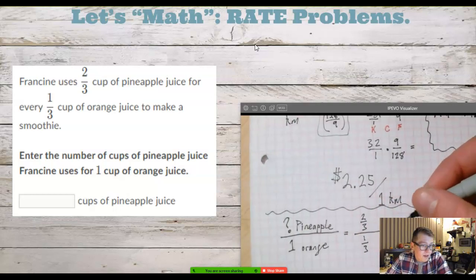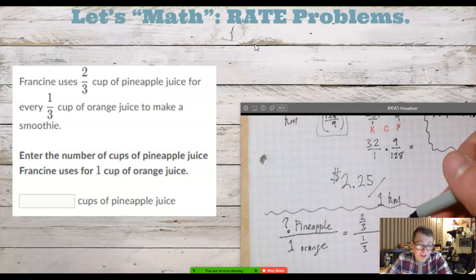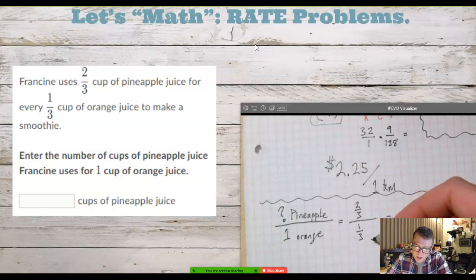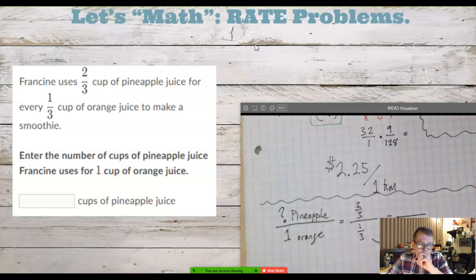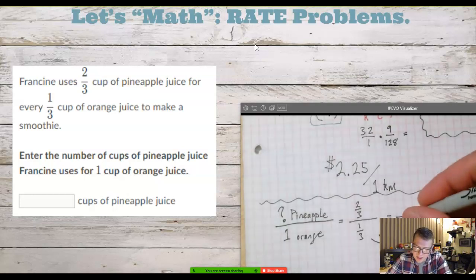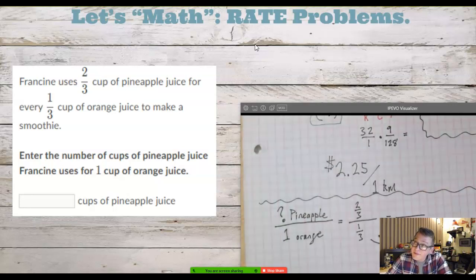Now, I might be able to do this without a calculator. Because how could I turn 1/3 into a 1? Divide. Not divide. We want to make it bigger, right? So instead of divide, we multiply by what? How many thirds does it take to make a 1? 3.